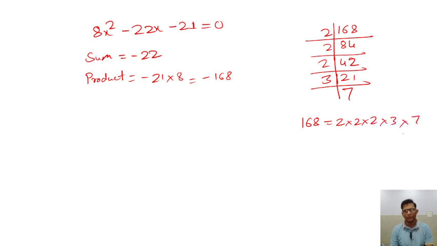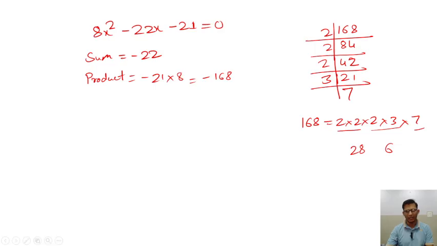Now you have to pair these factors into two different numbers such that the product becomes minus 168 and the sum becomes minus 22. So if I take 2 into 2 is 4 and 7, 4 into 7 becomes 28, and 2 into 3 becomes 6. Since the product is negative, one number must be positive and one number must be negative.